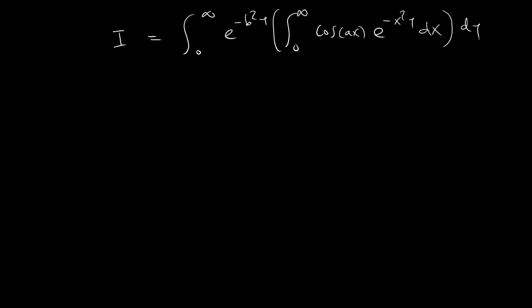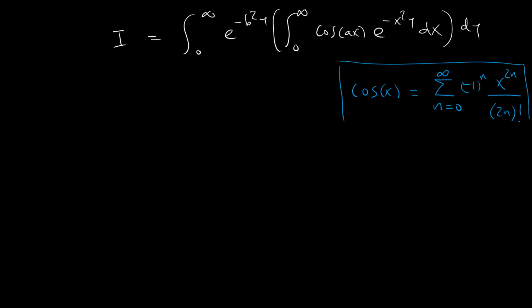Now, for those who have done Taylor's expansion, would know that cosine of x can be written as the summation from n equals 0 to n tending to infinity of negative 1 raised to the n times x to the power 2n over 2n factorial.